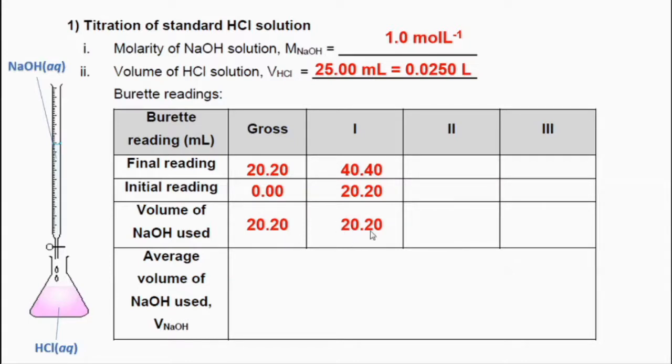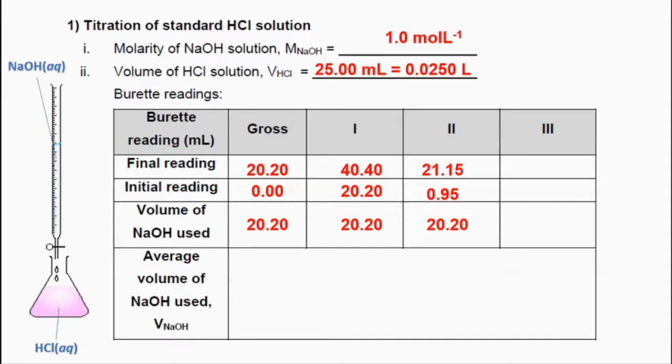For the second reading, let's say the titration started at the initial reading 0.95, and the end point occurred at 21.15 milliliters, so the volume of sodium hydroxide used in this second reading was 20.20. See the consistency here.